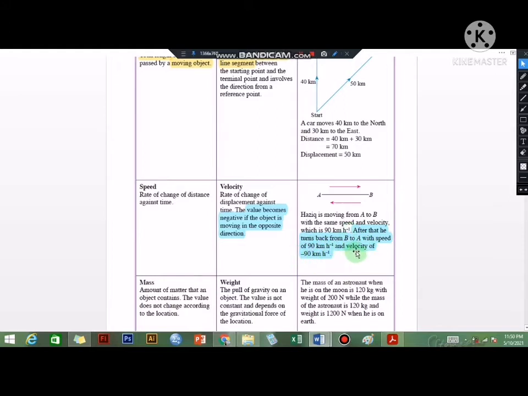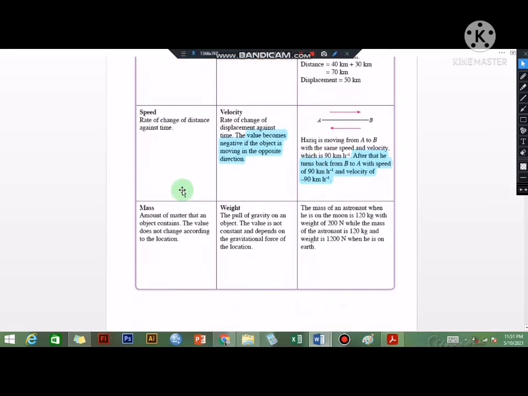Since Haziq turned back from B to A, velocity becomes negative 90 km per hour. So this is the direction. That's why velocity is a vector quantity and speed is a scalar quantity.